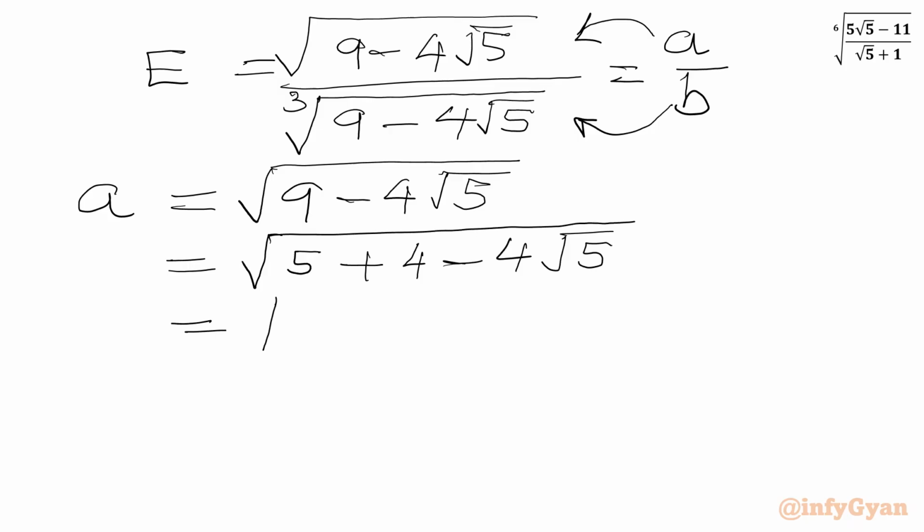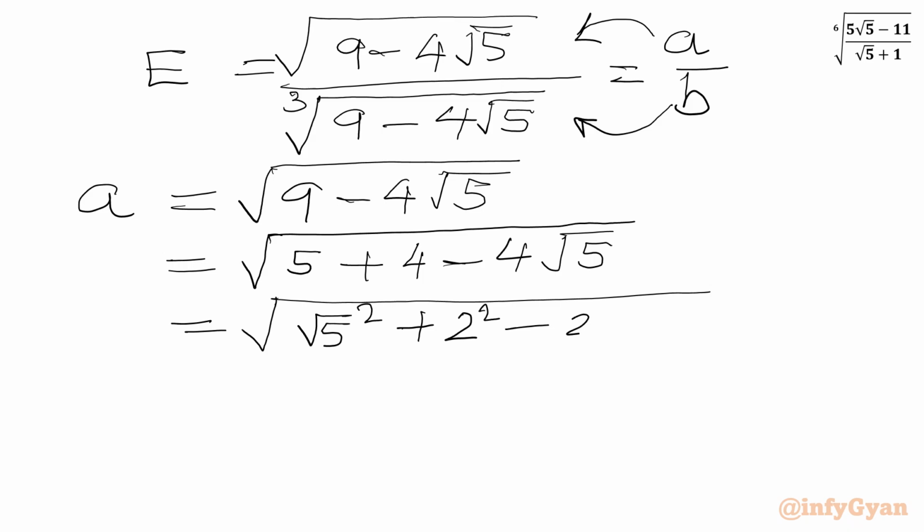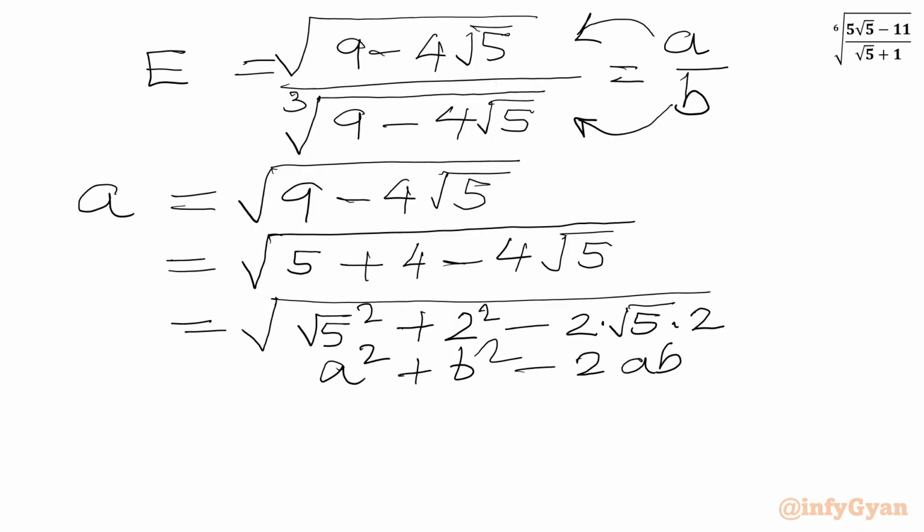So 5 is the square of square root 5. I can write root 5 whole square, 5 plus 4 is 2 square, minus 4 root 5. I can factor as 2 times root 5 times 2. Now you can see in the radicand this is a square plus b square minus 2 times ab.